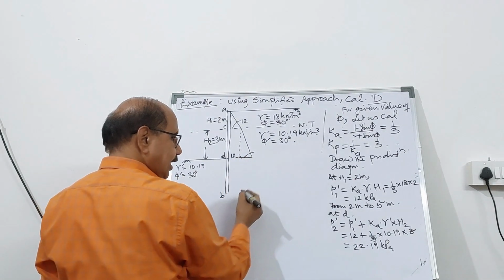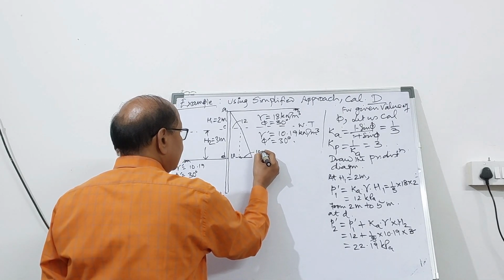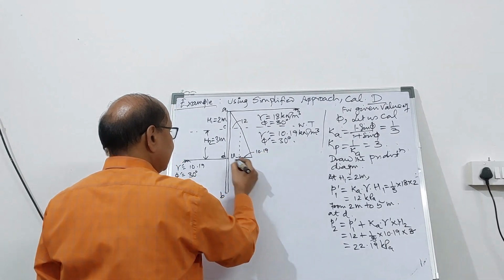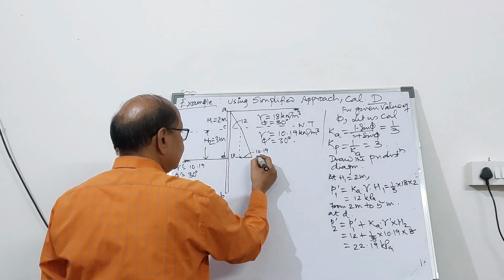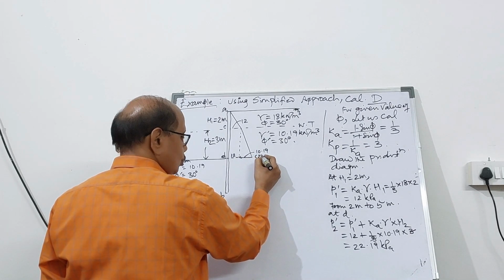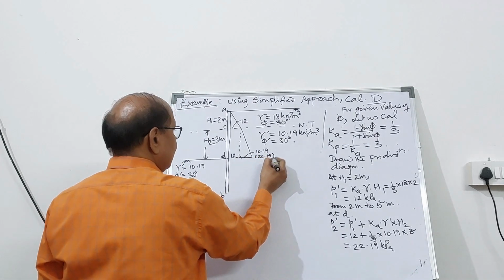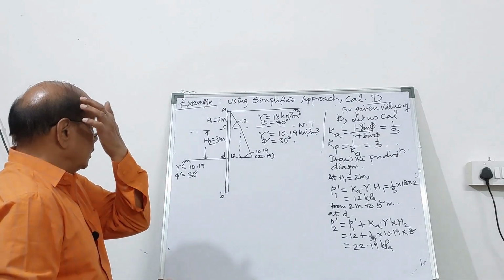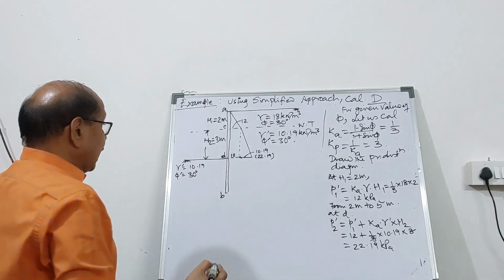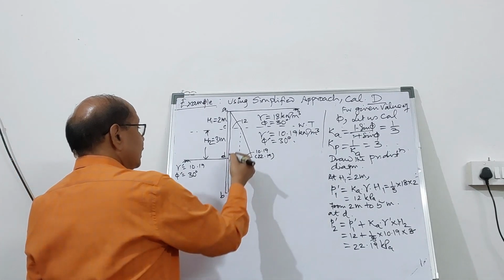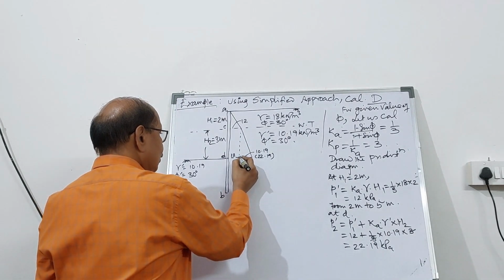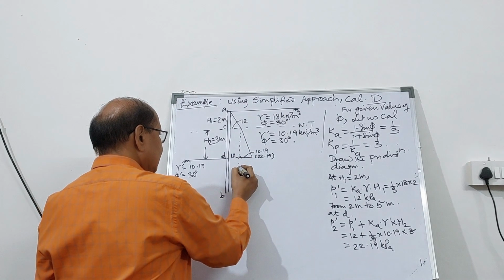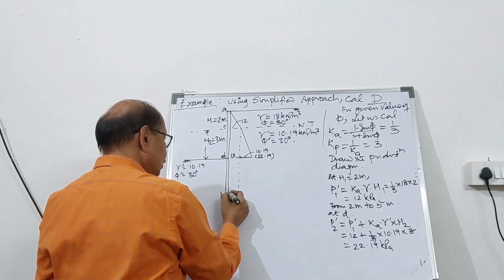This is going to be 10.19, and total it is going to be 22.19 kilopascal. And below this, because it is going to be active.